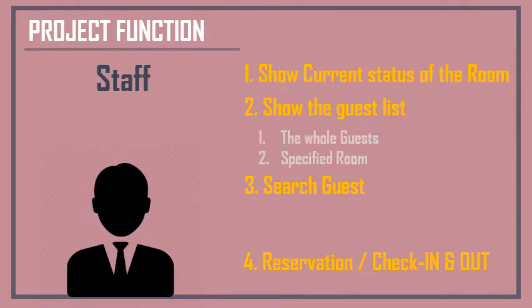When performing this function, there are two options: to view all guests or to view the guest in a particular room. Third, there is a function to search for customers. When searching for guests, staff can search through the guest names, and staff can search through the room number. However, the employee function is only available when the employee ID and the password are entered.